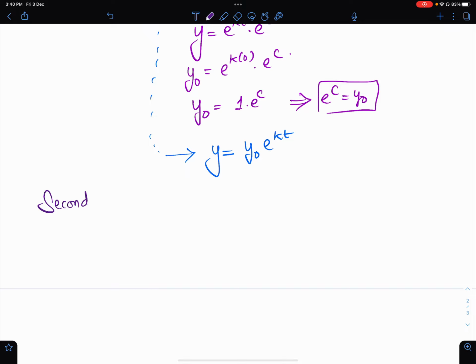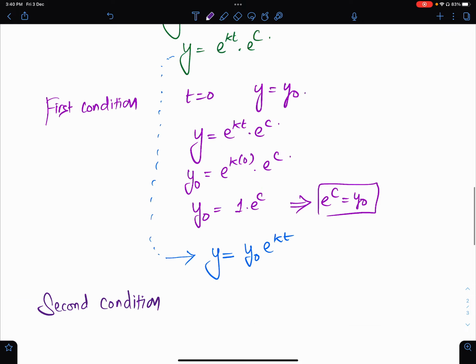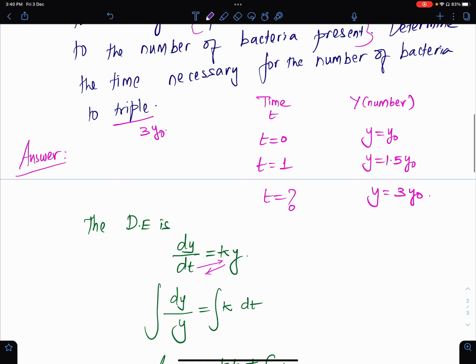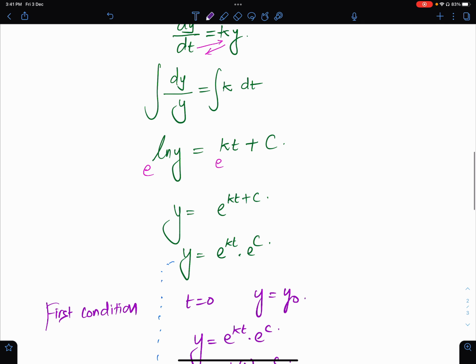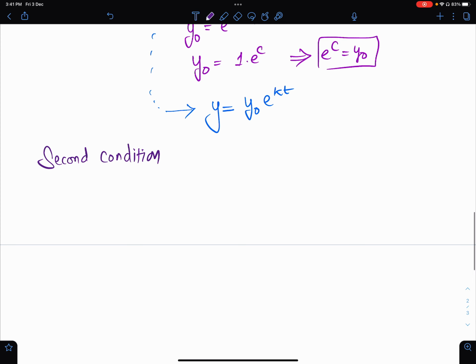What is the second condition? When small t equal to 1, y equal to 1.5 y naught. Now take the function y is equal to y naught e power kt.